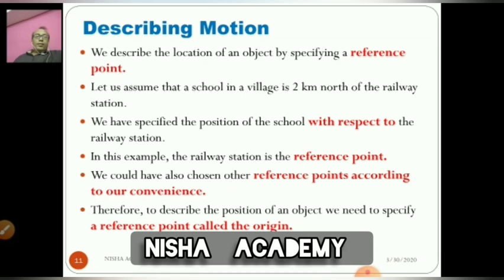In that case, the reference point is home and the distance is 3 kilometers. So, we can choose the reference point according to our convenience. Therefore, to describe the position of an object, we first need to specify a reference point, which is also called the origin.